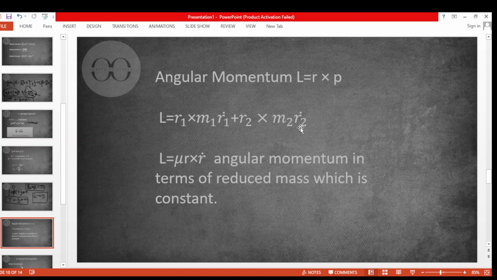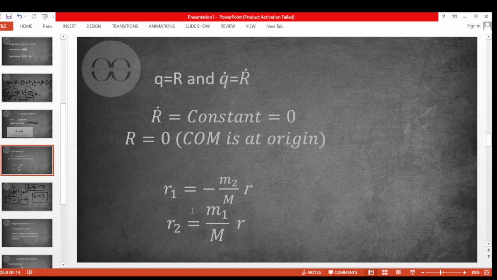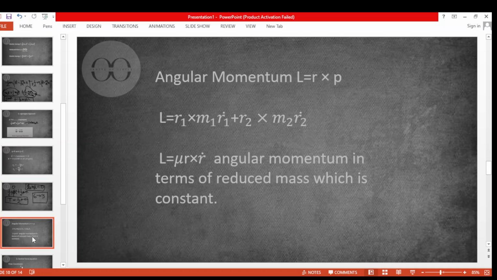But what you can see, if you substitute R1 and R1 dot with the values we found here, where R1 was equal to minus M2 by capital M into small r, and R2 equals small m1 divided by capital M into r, then we find L, our angular momentum vector, is equal to mu times small r cross small r dot, where mu is our reduced mass.